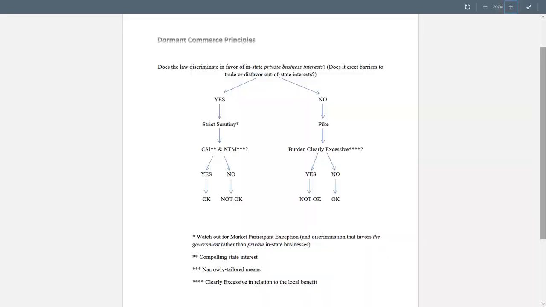When you look at it all together, I know this gets kind of complicated. Dormant commerce, you have to look whether the law or policy discriminates. If it does discriminate, you have another step to do. You have to ask, is the government in business? If the government is discriminating in the context of a business that the government is running, the government may discriminate in favor of in-state interests as long as it is participating in that market.